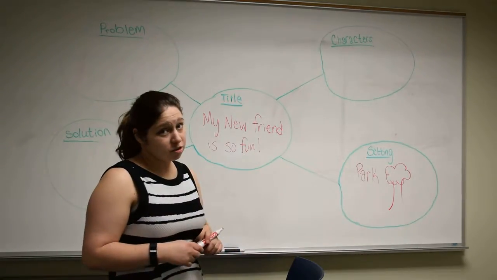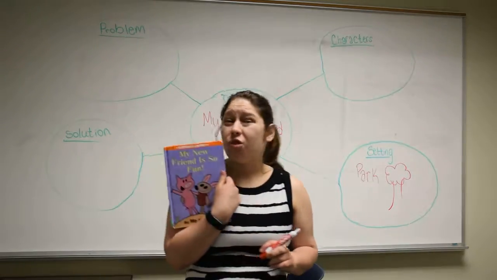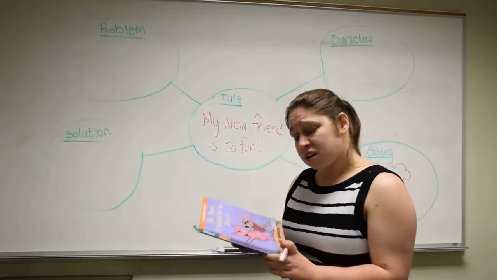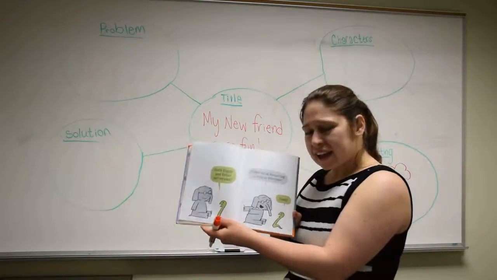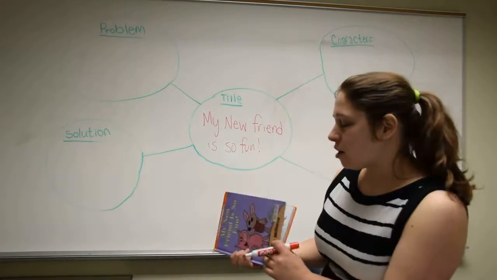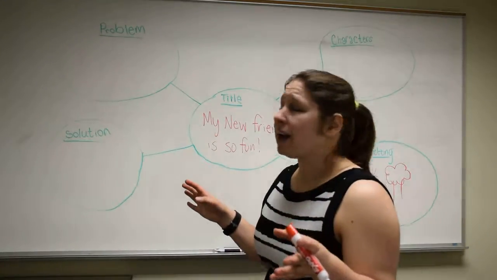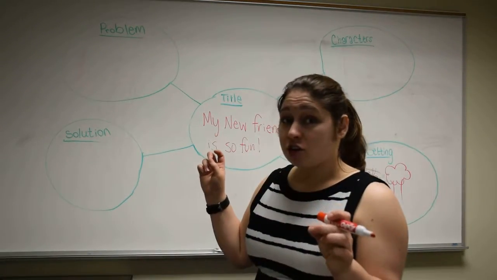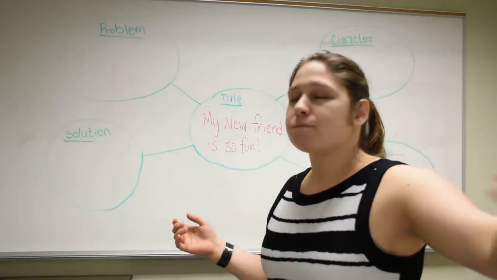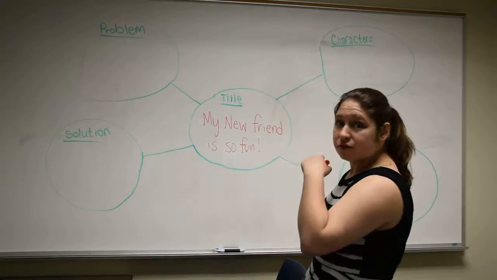Now, the characters. The characters in this book are fairly straightforward. There's only 4 of them. I would say that Gerald and the snake get more time in this book. They seem to spend most of the time with them. Piggy and the bat are only in the last few pages. However, my graphic organizer does not differentiate between main characters and supporting characters. So we're just going to write down, or draw pictures if they want, of these guys.